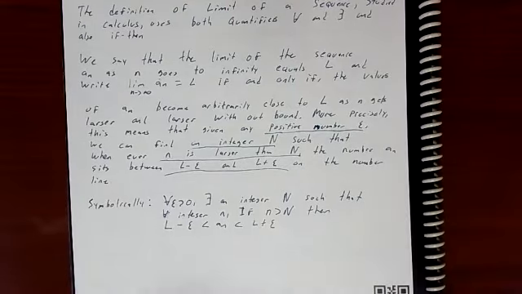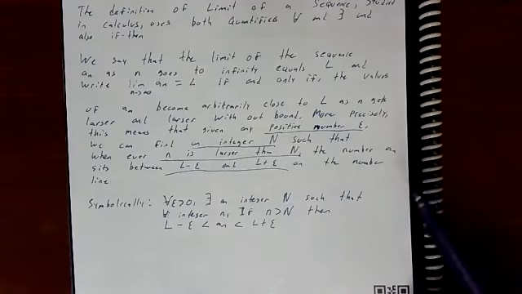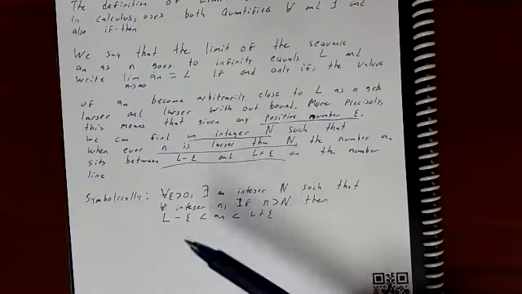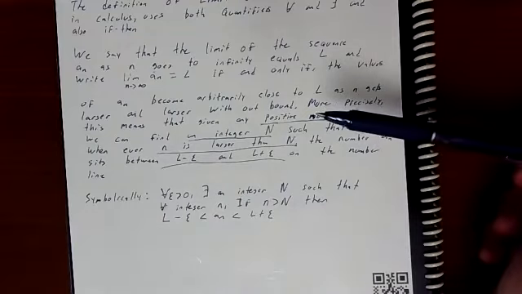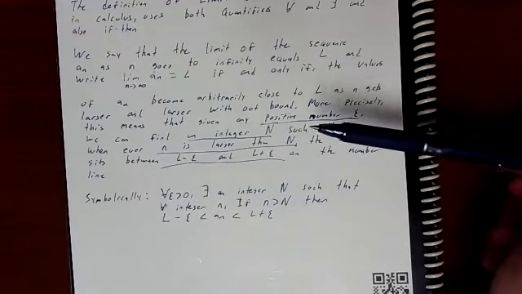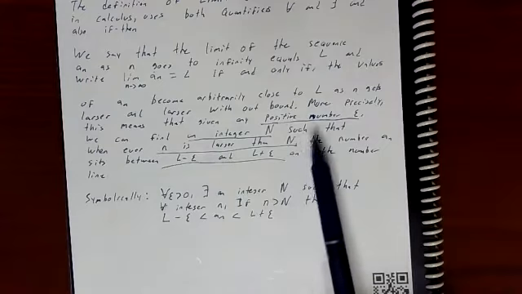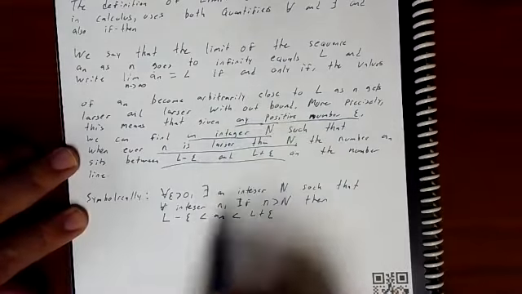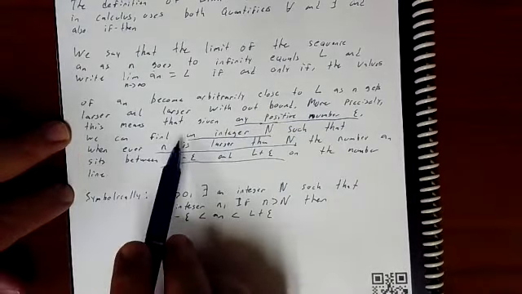Okay. So as you can see, symbolically, it seems a lot more compact, but there's a lot of details in this definition. So one more time, a positive number epsilon, any positive number, I need to make sure that's underlined. That means for all epsilon greater than 0, we can find an integer.